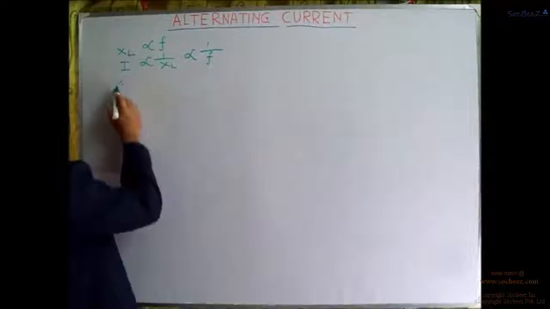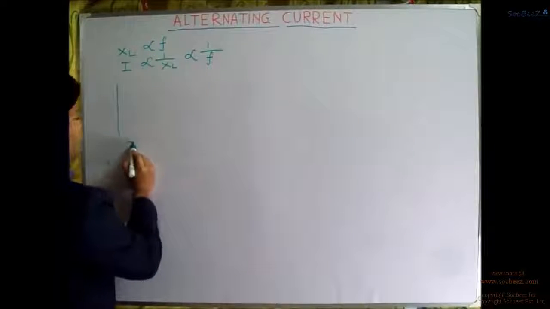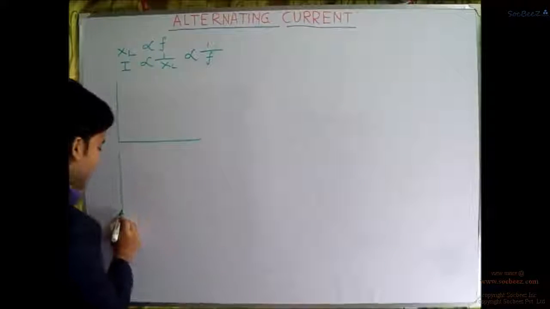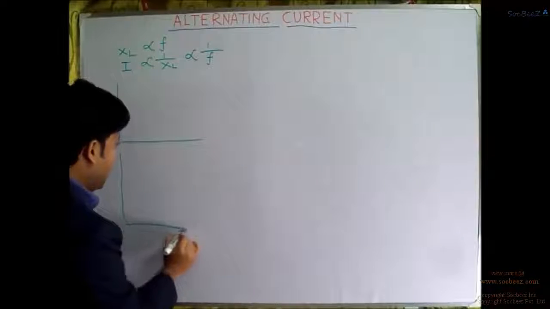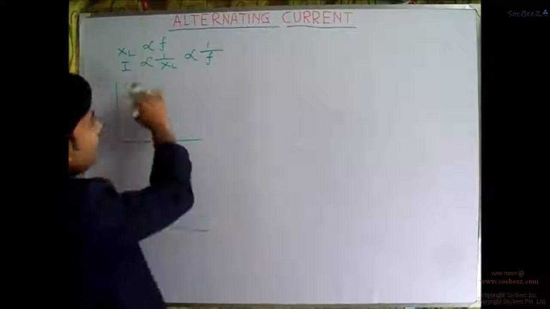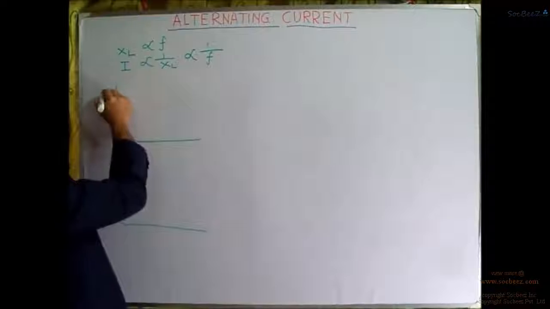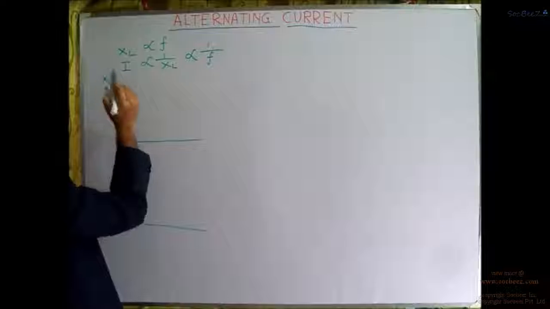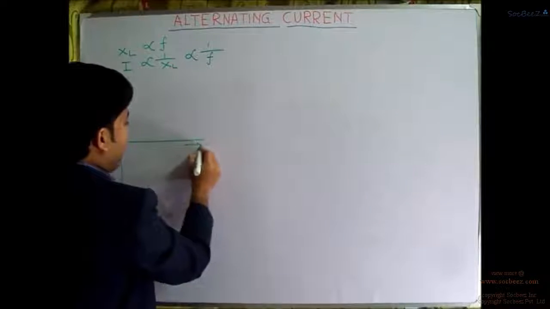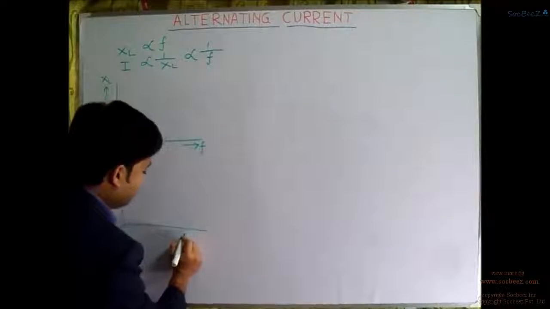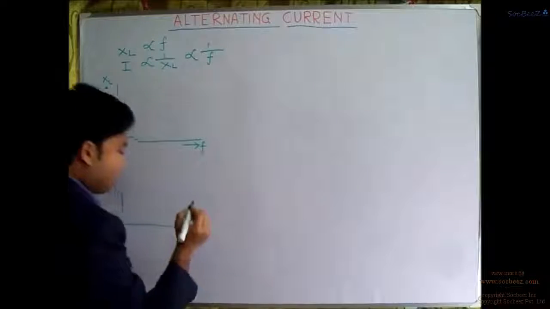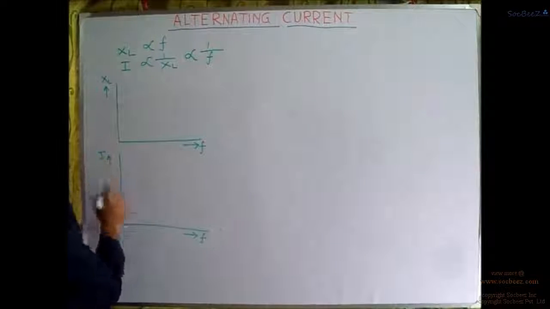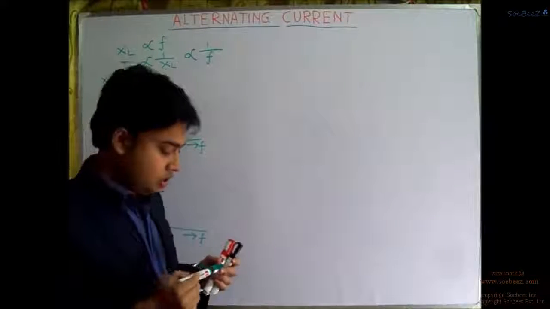So if we wish to find out the relation between XL and F, and again the relation between I and F, over here this will be the relationship between XL and F. And over here we shall be discussing the relationship between the alternating current and the frequency, right?